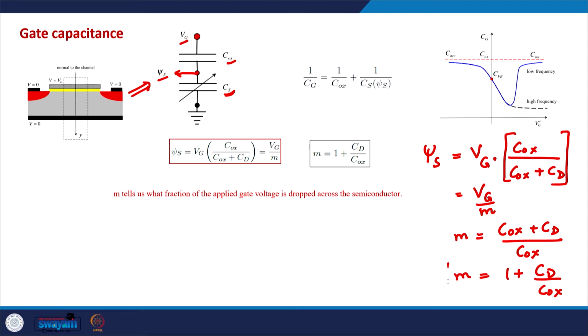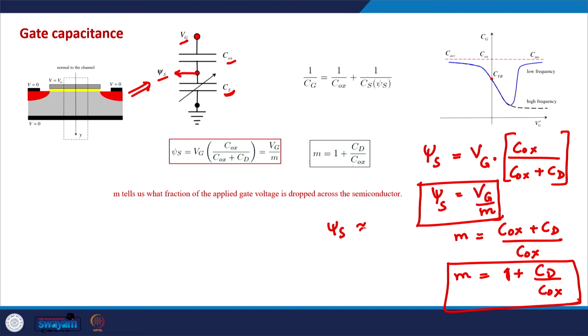So, this M is a number greater than 1, because it is 1 plus Cd by Cox. From the relationship psi s equals Vg by M, we see that if M is a large number, psi s would be small compared to Vg, and if M is closer to 1, psi s will be almost equal to Vg.